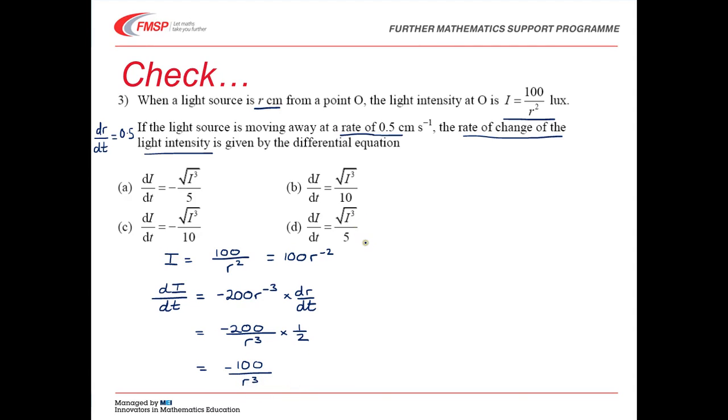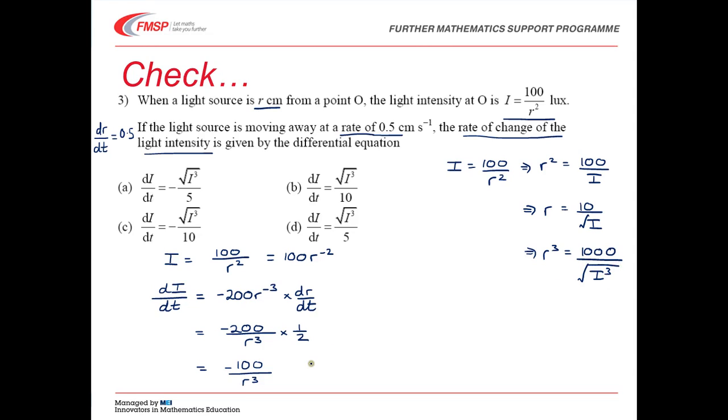But our expressions all involve I and not r. So now I need an expression for r cubed in terms of I. So I had I was equal to 100 over r squared. So r squared is 100 over I, and therefore r is 10 over root I, which means that r cubed is 1000 over root I cubed.